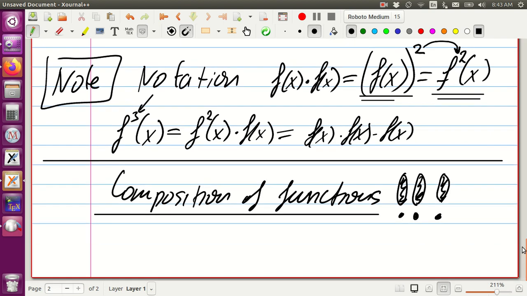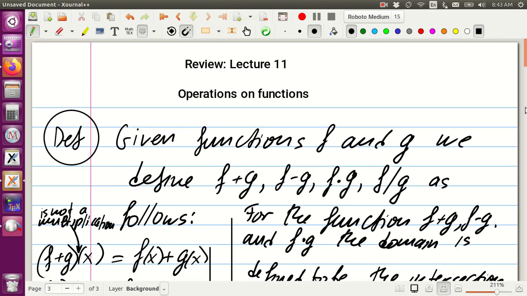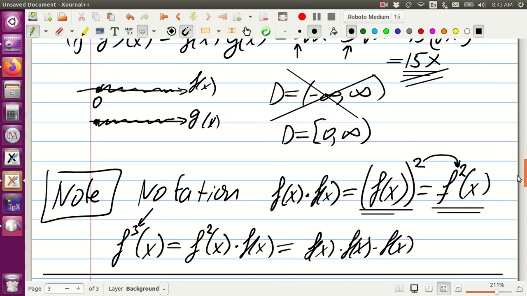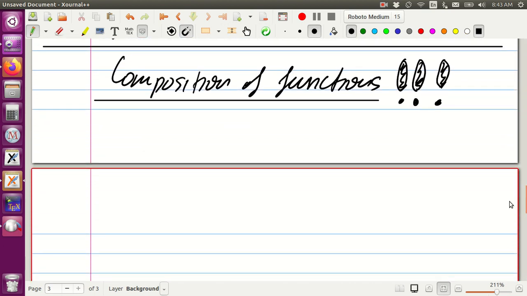Why it's so important, you will see later in the semester. It's kind of hard to talk right now about why it's going to play a big role, but this is a composition of functions. So let's try to figure it out.